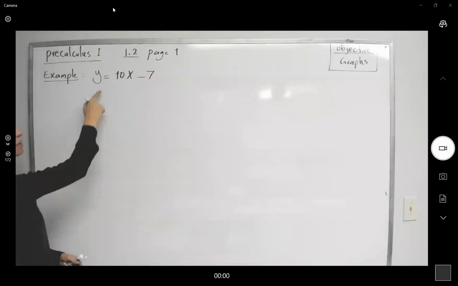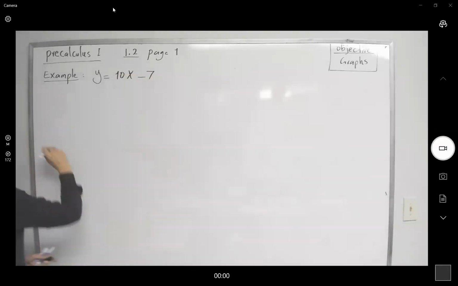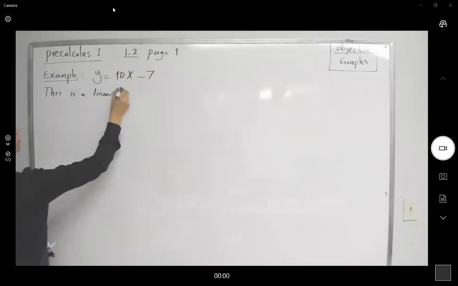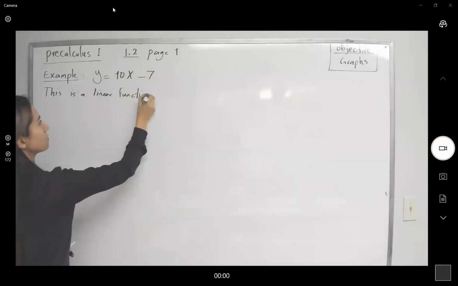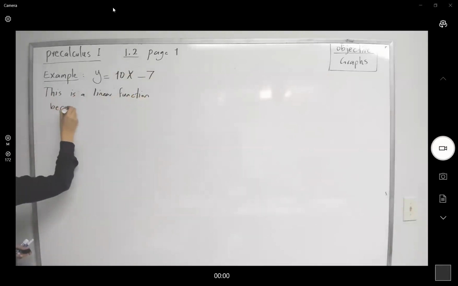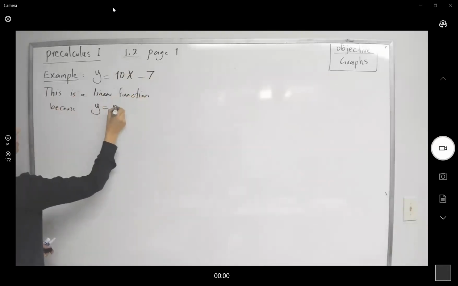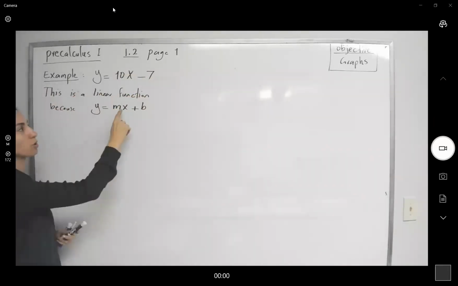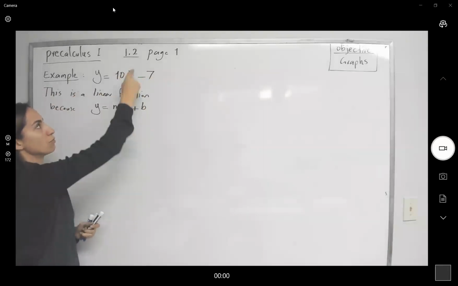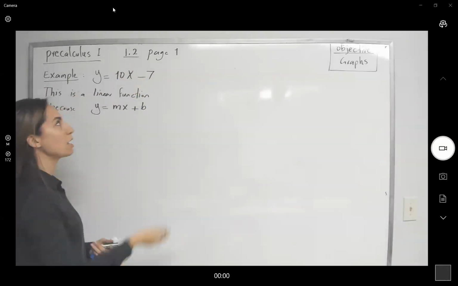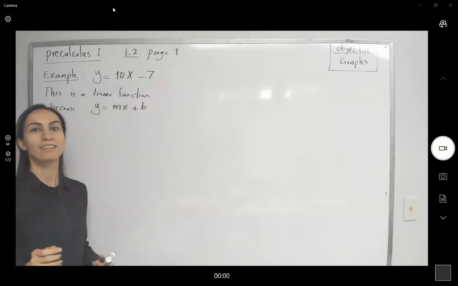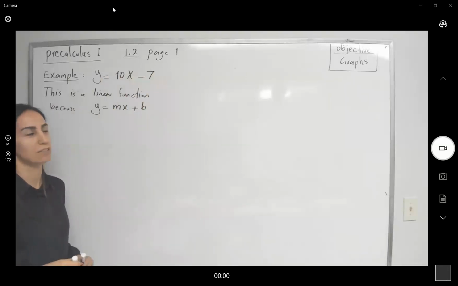First of all, this is a linear function. Why is that? Because it is similar to y equals mx plus b. Here you have the degree, or the exponent, of x equal to 1, and this is the highest degree, and you have a coefficient which is 10, and just a constant which is negative 7.